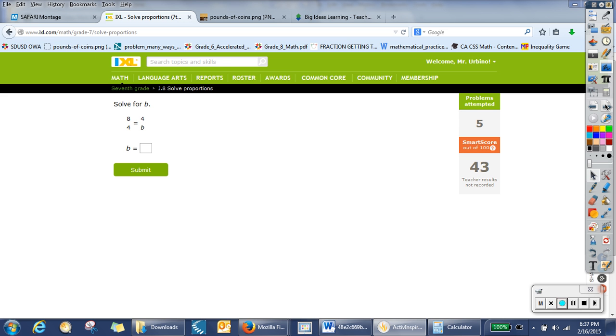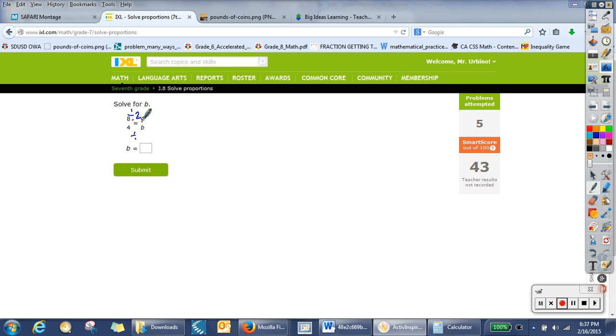Again, this one's a really straightforward one as well. Using cross products and using simplifying will get you that same answer. If I'm simplifying, 8 divided by what number will give me 4? I think it's 2.